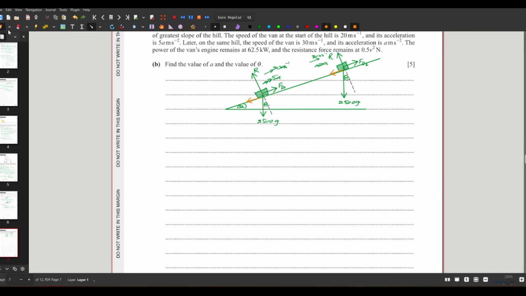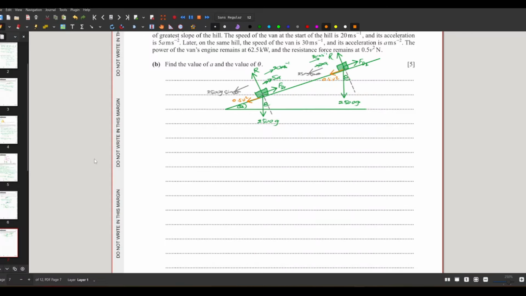These are not mandatory, but it's better if you can indicate that. And also we have the force component of the weight. So here we will have 2500 g sine theta, and here also 2500 g sine theta. And also we have the friction 0.5 v squared. This is also 0.5 v squared.